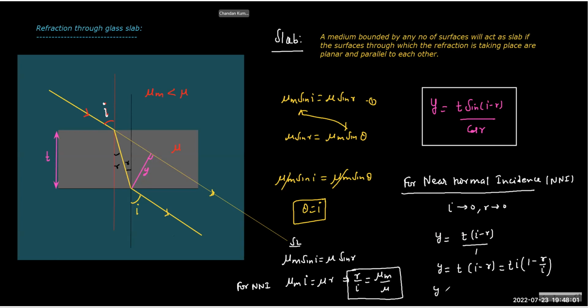And therefore, Y turns out to be T I into 1 minus mu medium by mu slab. Understood?